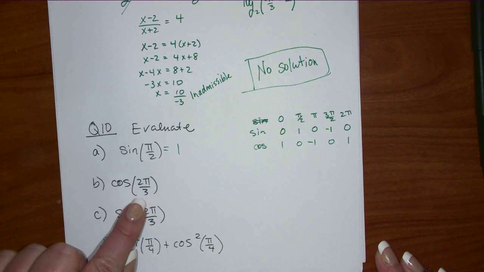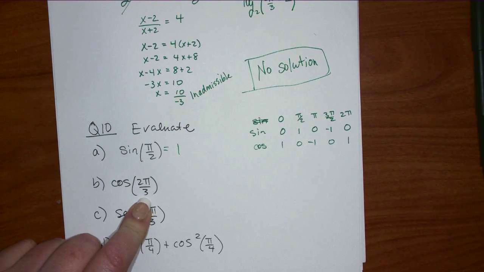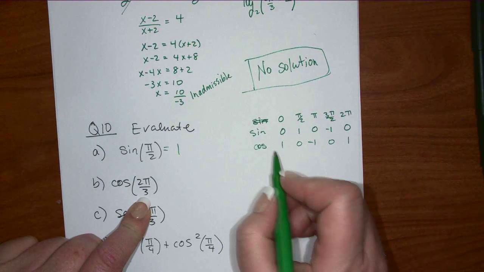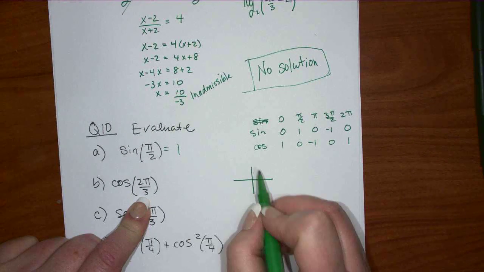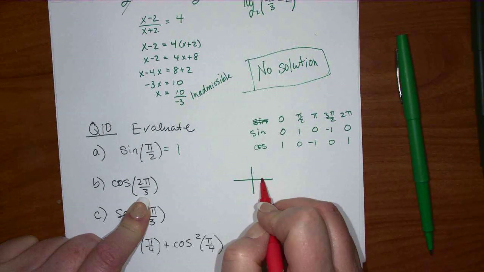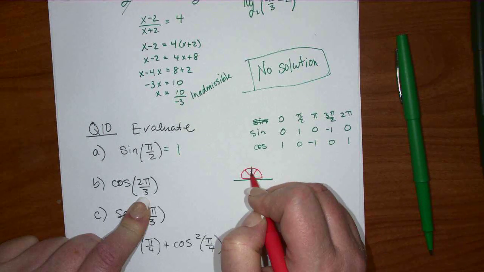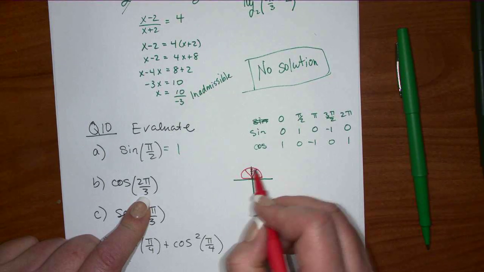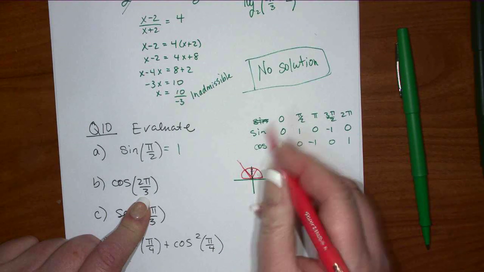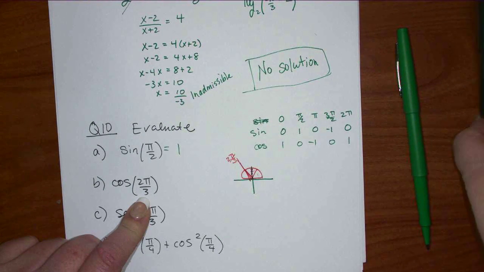What about this one? So this we actually have to find and think about it a little bit more. But cos, so we would draw our angle, 2 pi over 3. So we take our pi, cut it into 3 pieces, ignoring that line. And we want 2 of them. 1, 2. So here's our terminal arm. Our reference angle is in here.